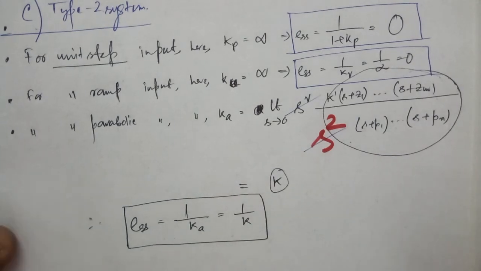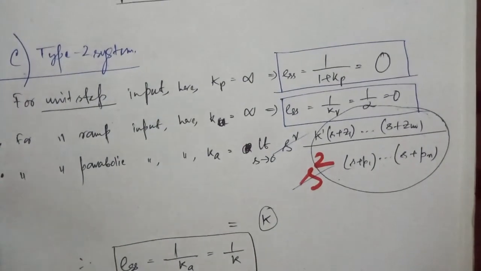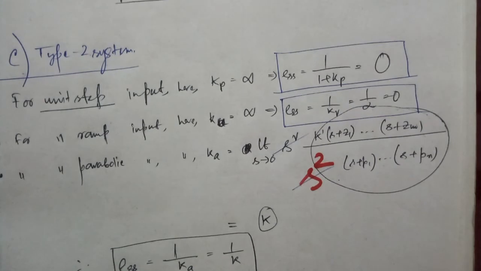So now I am summarizing the whole thing, just listen very carefully. For unit step input, for a type 0 system the steady state error is 1 by 1 plus K. For type 1, the steady state error will be 0. For type 2, the steady state error will be 0.